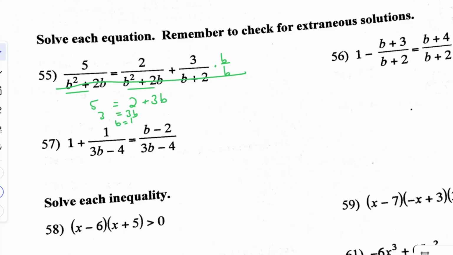All right. So this one, I just have to multiply the 1 by 3b minus 4 over 3b minus 4. So let's do that in my head. Because it's just 3b minus 4. And then once all these denominators are the same, I can just cross them all out.